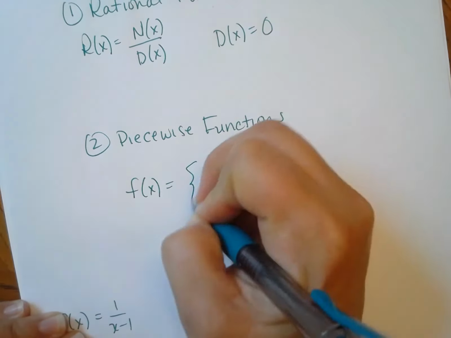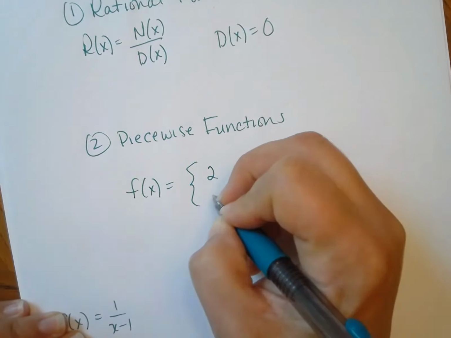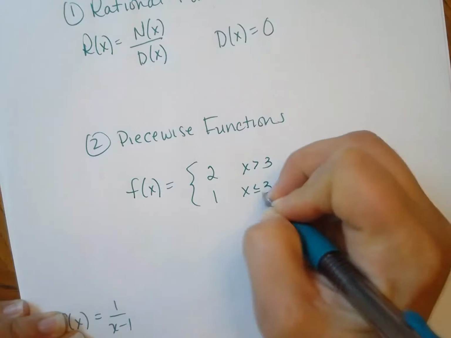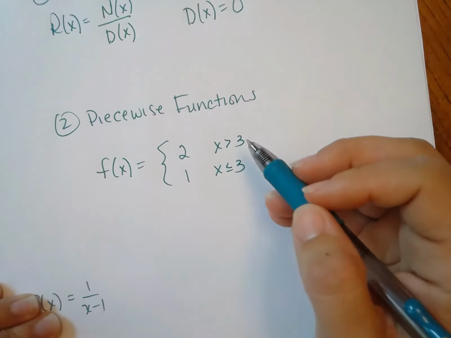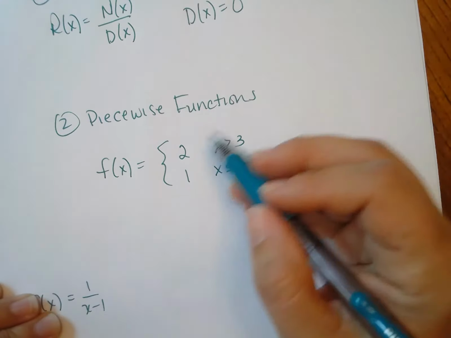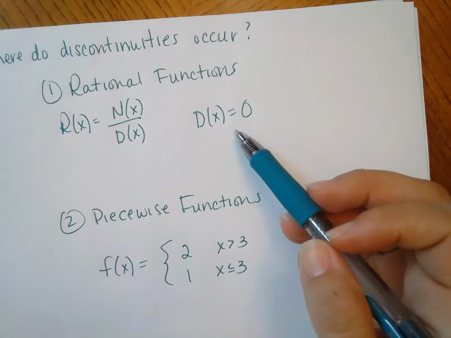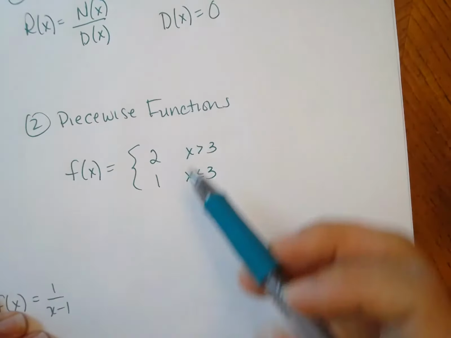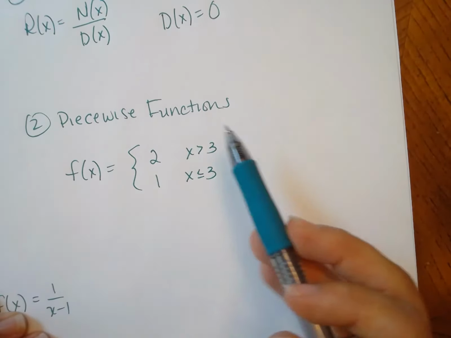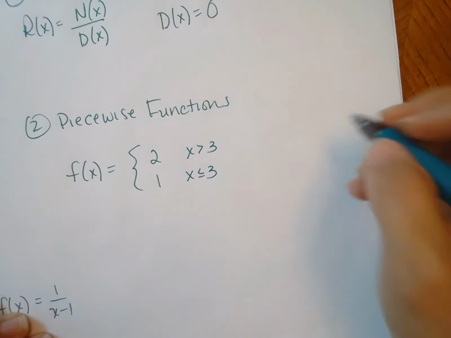Right, so if I have something that is like 2 for x greater than 3 or 1 for x less than or equal to 3, right, where I need to be concerned, now piecewise functions are not always discontinuous at the changeover, where here, if the d is 0, right, the denominator is 0, it's going to definitely be a discontinuity. But where I need to investigate here is this changeover. Sometimes the two pieces meet, and sometimes they don't.